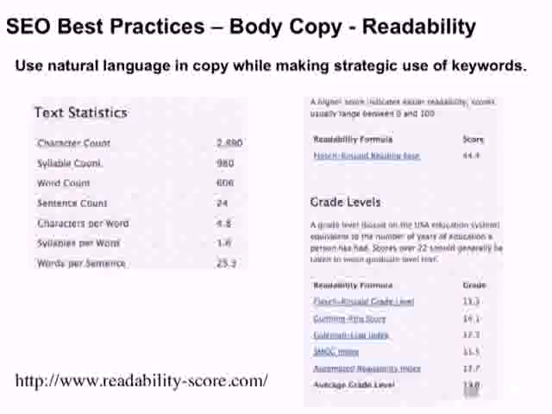If you're selling something to a very educated audience, you want to make sure that you're using very educated language. So you can gauge that here and make sure that you're not speaking over or under your audience and that you're using natural language and just making strategic use of those keywords. Certainly don't be stuffing those keywords in there. You want to have those keywords in mind, and then you want to write your copy around that synonymous language.